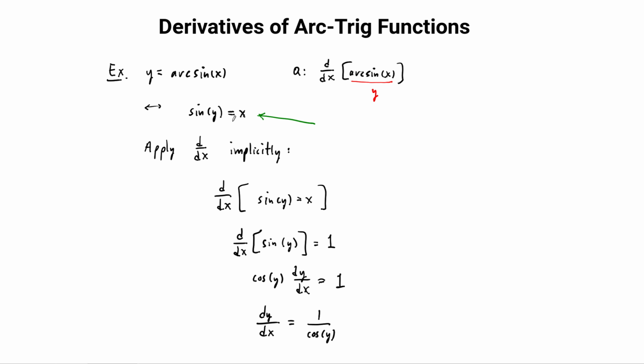From the right triangle trig definitions, we can think of this as sine of an angle equals x over 1. Sine of an angle equals opposite over hypotenuse. So we can draw a right triangle and plug in the pieces. The y value is the angle, so there's our angle right there. Then opposite over hypotenuse: there's our hypotenuse, and our opposite side is x.